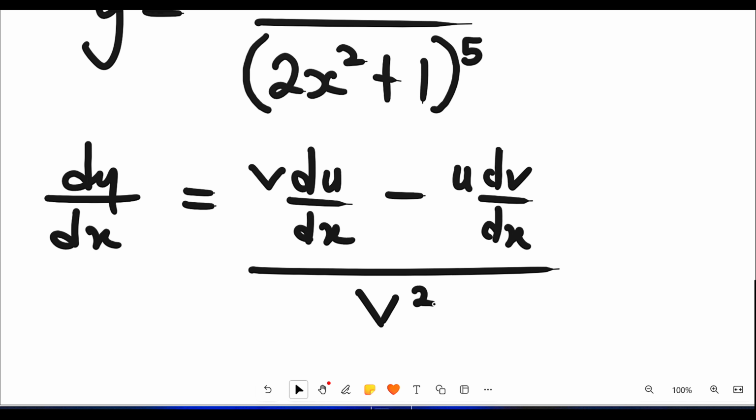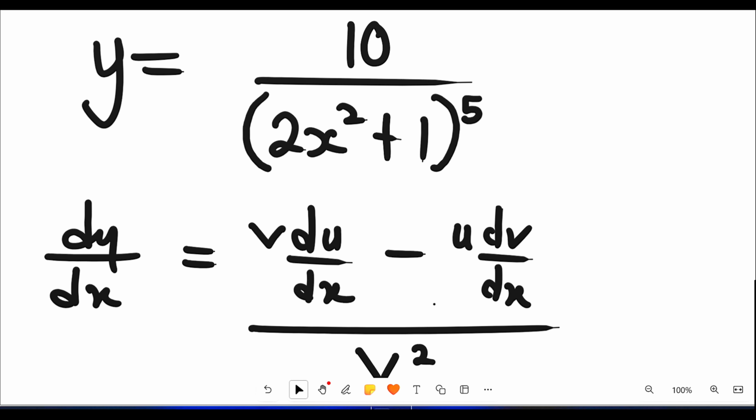All right. Now, which of the expressions in the given function is our u? That's what we are supposed to know. And which of them is our v? So the numerator of the given function becomes our u, and the whole of the denominator becomes our v.